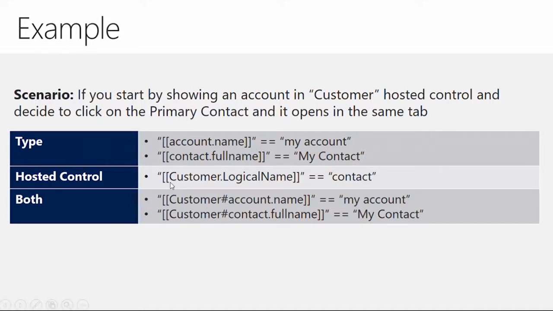If I use the hosted control, in this case customer with the logical name, it is going to pull in the contact information because the contact was the last thing that was loaded into that customer hosted control. And then from a both perspective, I can see the customer account name shows me the last account loaded into there, and then customer contact shows me the last contact name. This gets a little tricky sometimes, but this is key to understanding exactly what you want to load into the system.